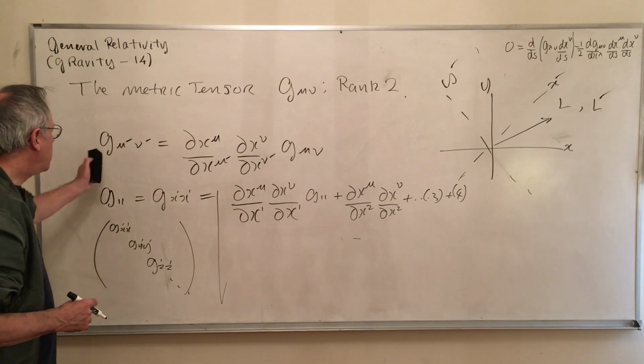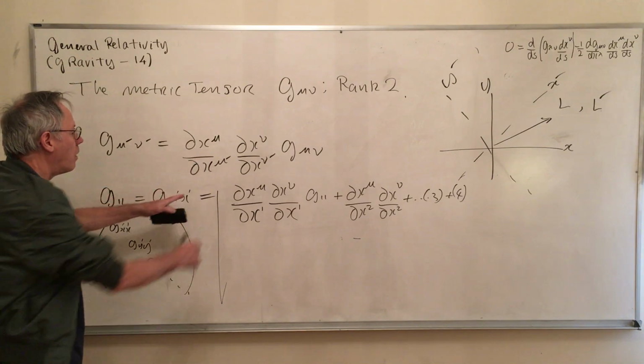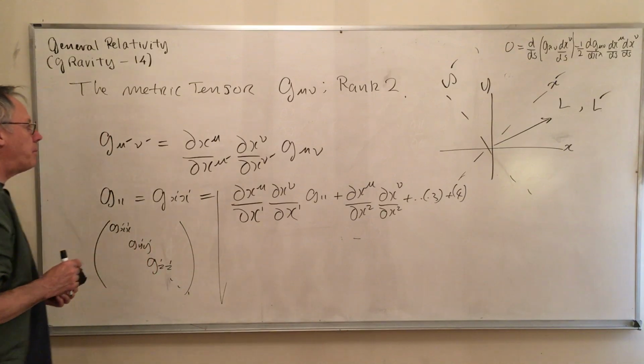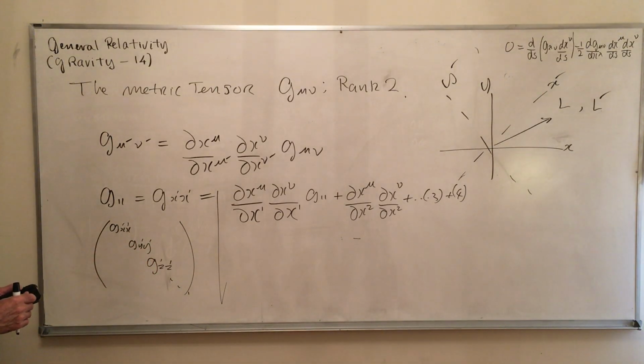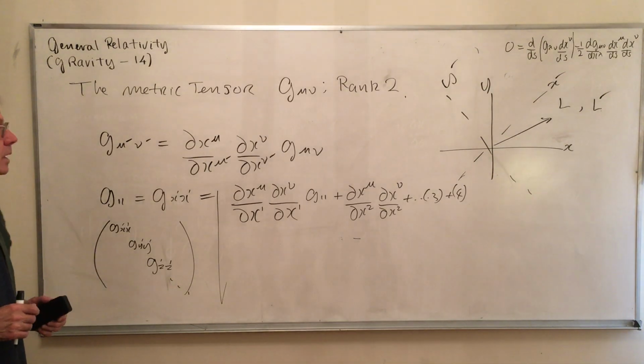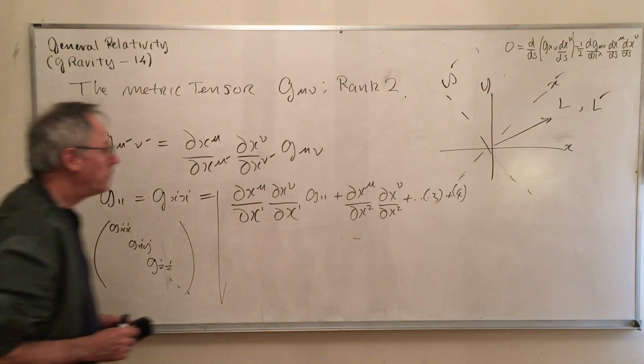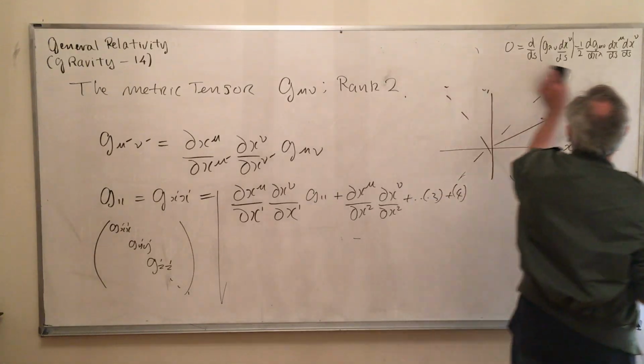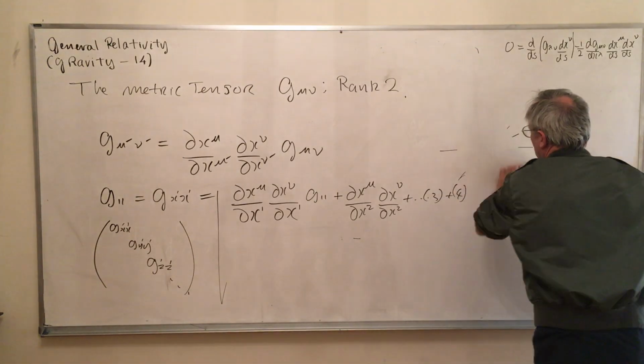Okay, so a second rank tensor transforms just using the derivatives of two separate functions. This is covariant, and what way do you think the contravariant one is going to go? You guessed it. Just like the vectors.